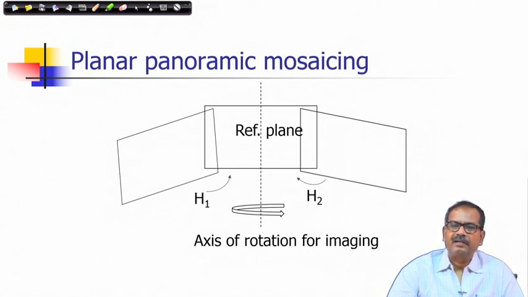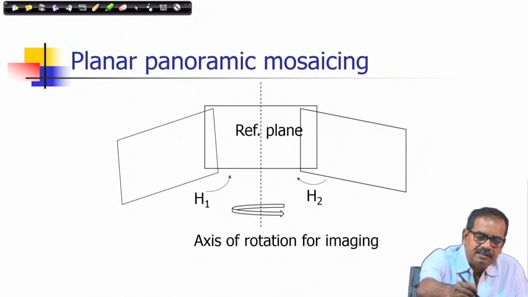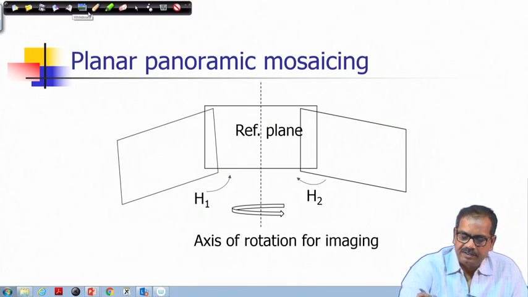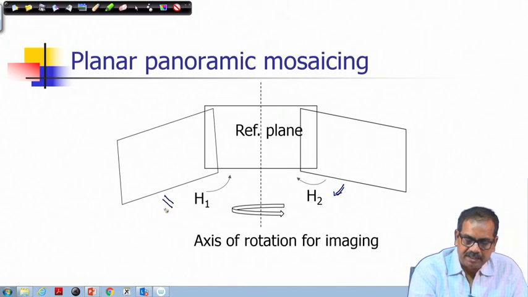We discussed already in my previous slides how rotation about an axis leads to the homography. Consider here that this is your reference plane, and these are the other views from where you are looking with your camera. You apply homography from the points on this view to this view.